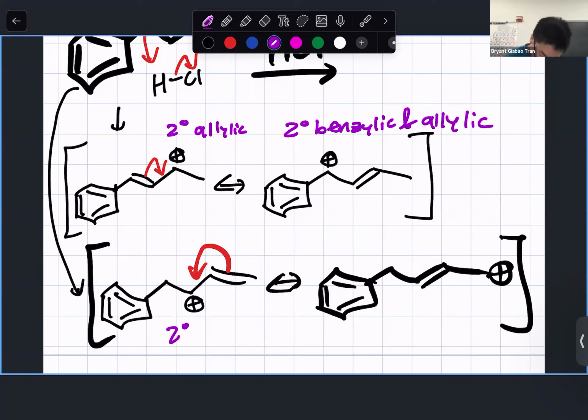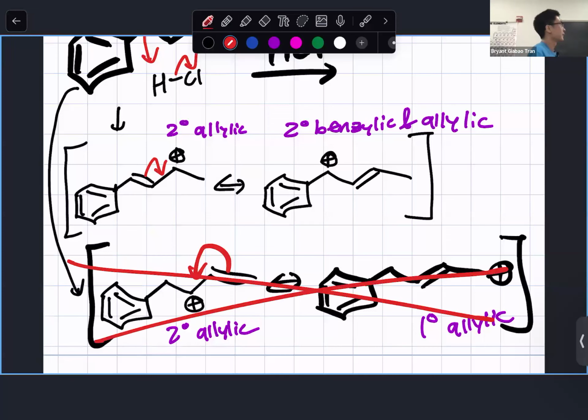This one here is secondary allylic. This one here is primary allylic. Since we know that this is the best carbocation because it is benzylic and allylic, this is our best resonance set right here. That means that we are going to ignore that set right there, right?